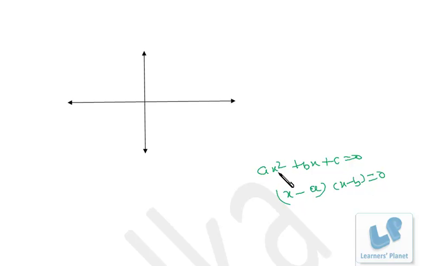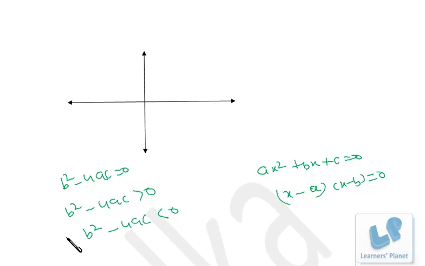The difference between these two is that in one case the x square coefficient is 1, in the other case it is not 1, right? In both cases, as I have already told you, a quadratic equation has two solutions, right? For these two solutions, we discussed three cases: b square minus 4ac is 0, greater than 0, and less than 0.